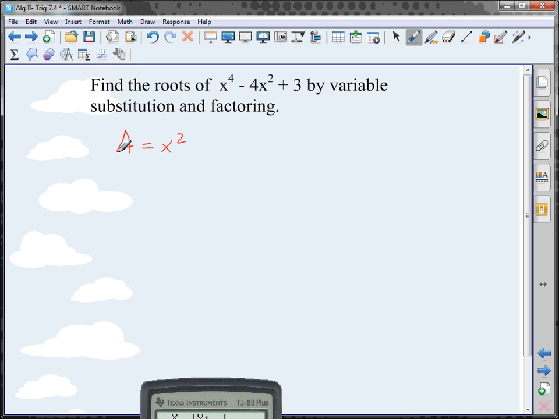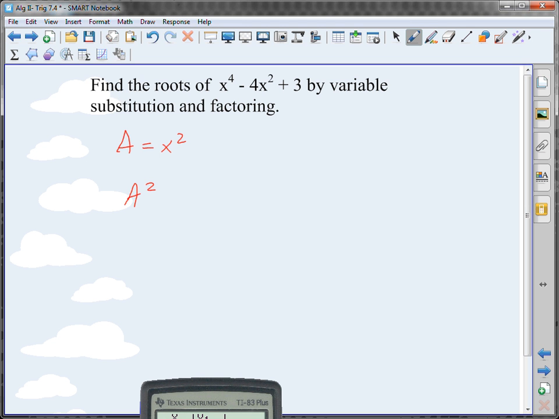Whatever letter, u, v, whatever. I think the book uses u's. I don't like u's because I just don't like u's. A. So you can't use x's. Go ahead and try. You can technically use it, but you got to be careful.